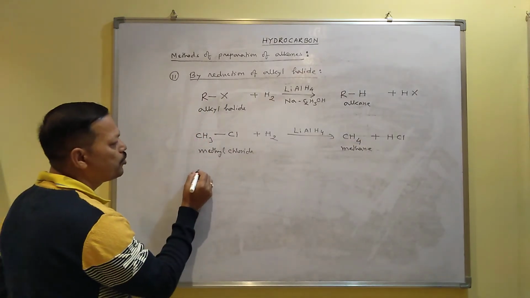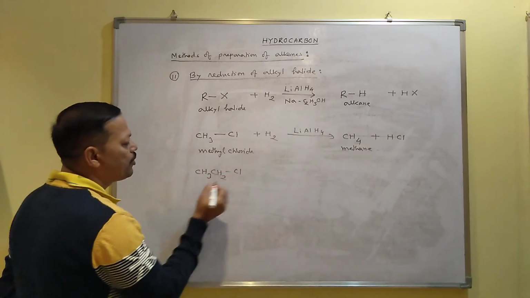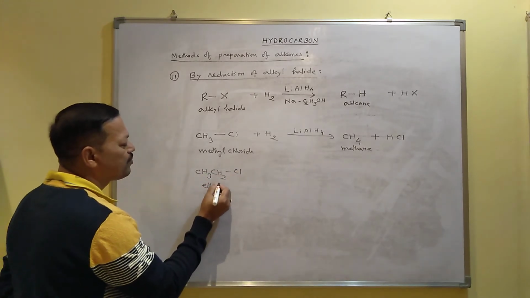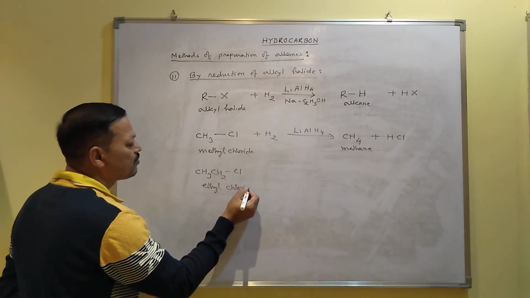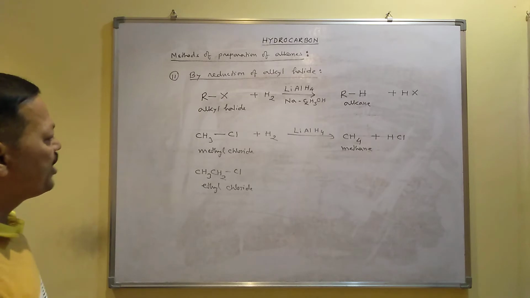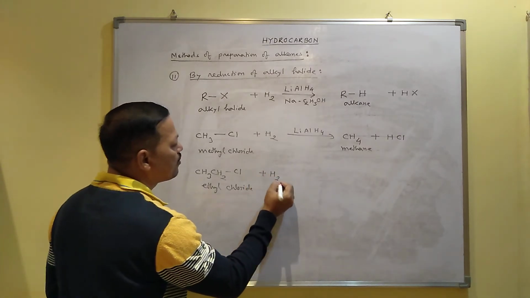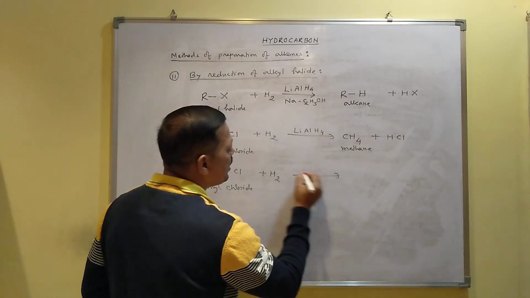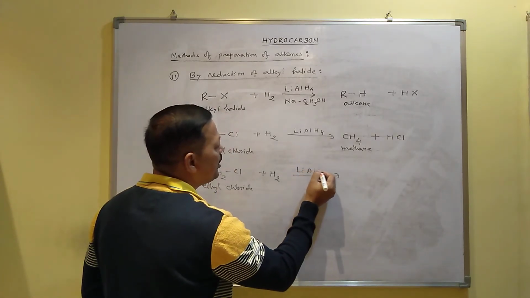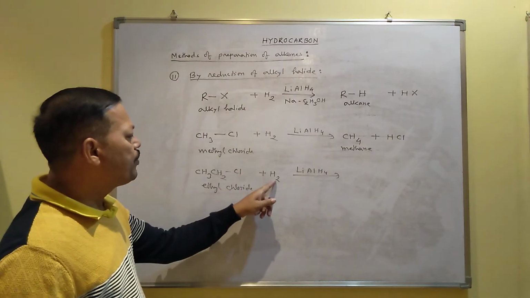Similarly, suppose your alkyl group is ethyl group, and which is called ethyl chloride. When you do reduction of ethyl chloride, I mean when you apply hydrogen in presence of the reducing agent lithium aluminum hydride, then the chlorine will be replaced by hydrogen.